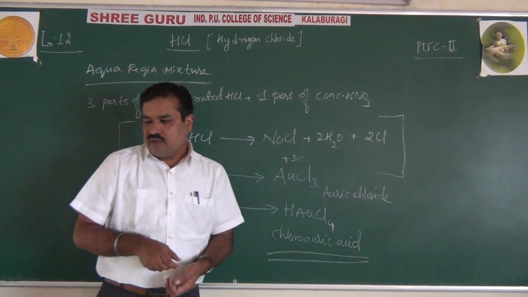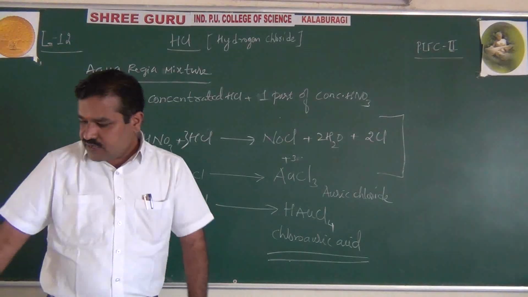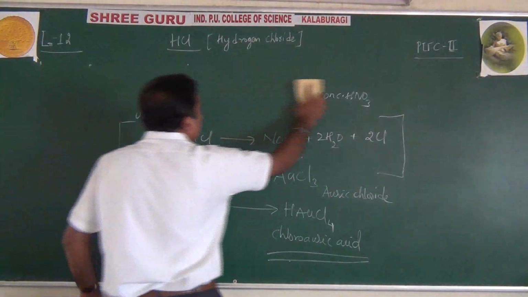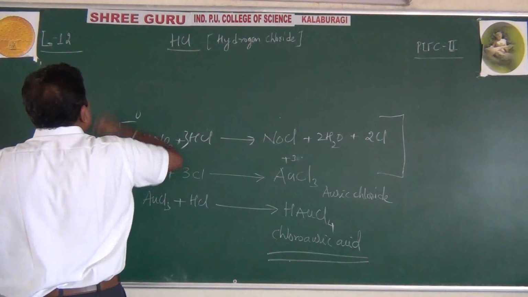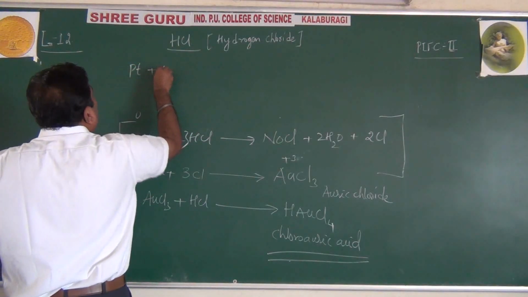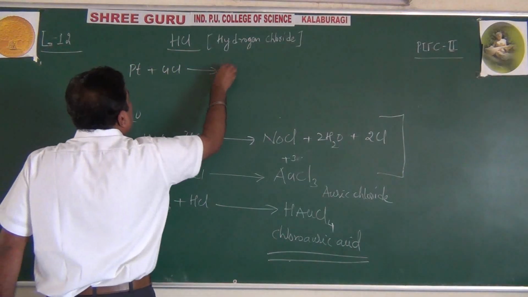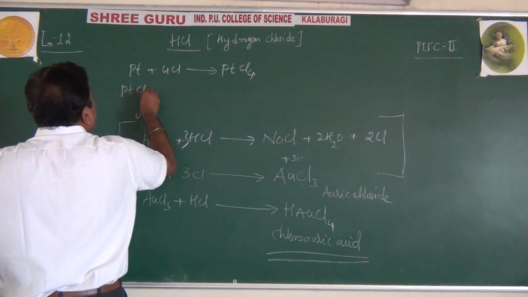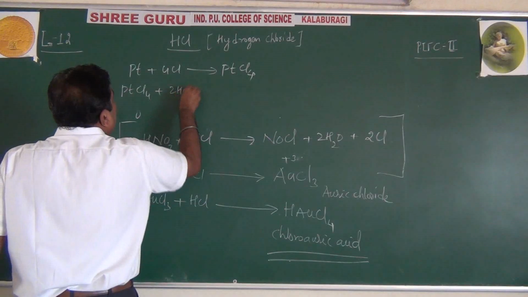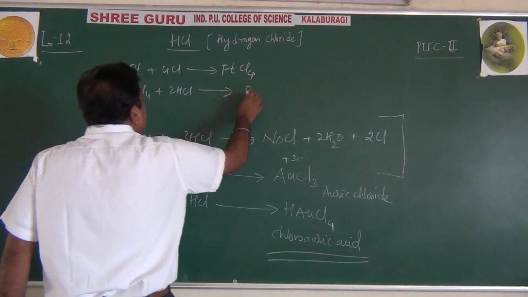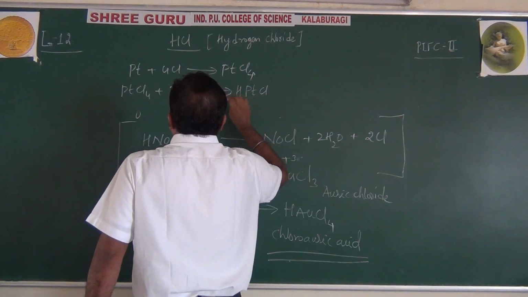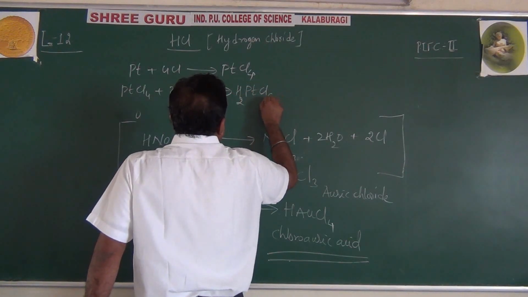Like this, not only gold, even platinum with its Cl forms platinum tetrachloride first. This platinum tetrachloride further reacts with HCl and forms H2PtCl6.